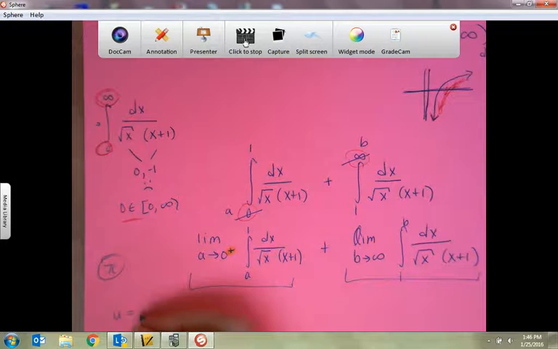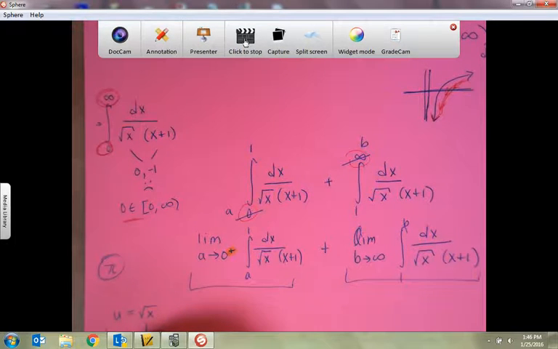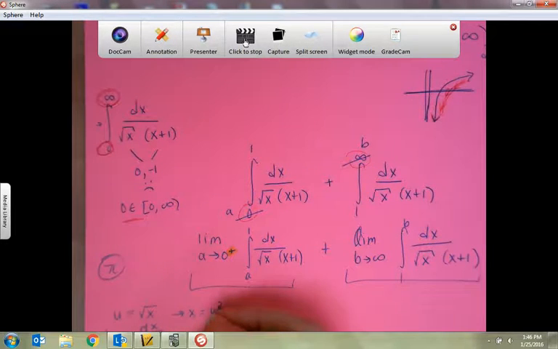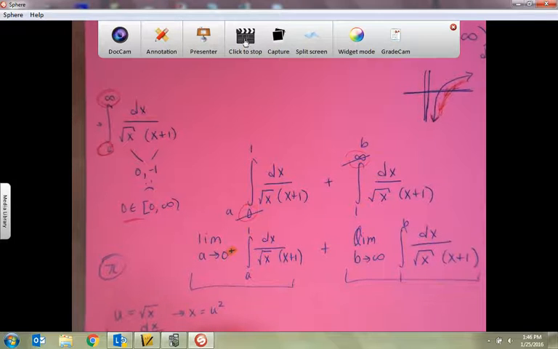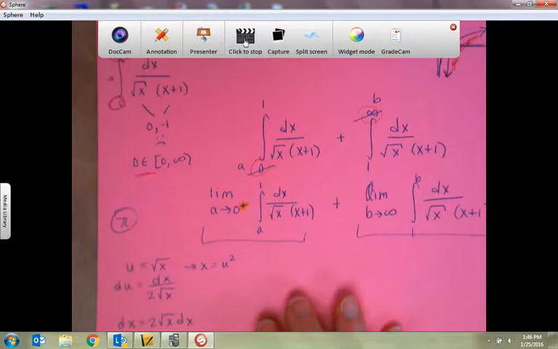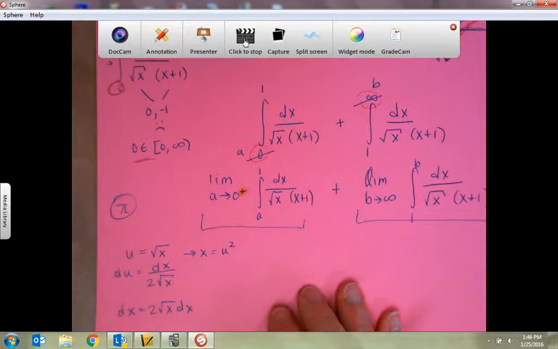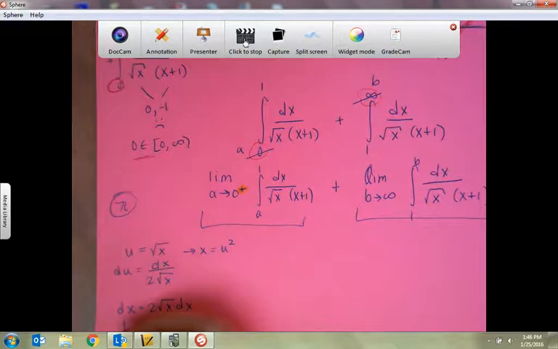Sorry. Okay, du times 2 radical x equals dx, but radical x is u, so 2u du equals dx. Okay, so let's work through this one. I'm going to leave off my bounds for a little bit and just worry about the inside and then go back to it.